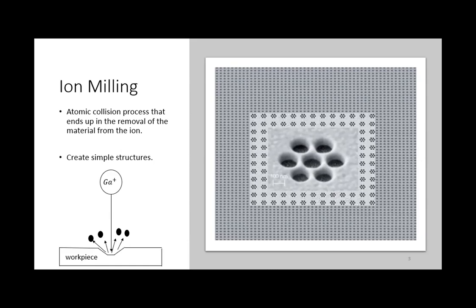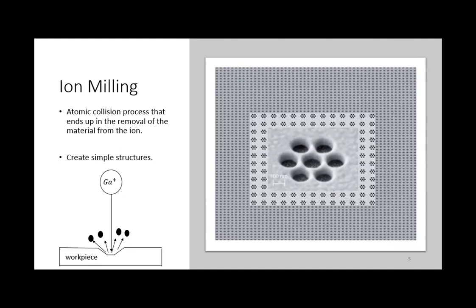When the ion strikes the surface of the substrate, it transfers kinetic energy to the substrate and ejects the atoms, and that can create holes in the substrate, which can be around 100 nanometers in diameter.